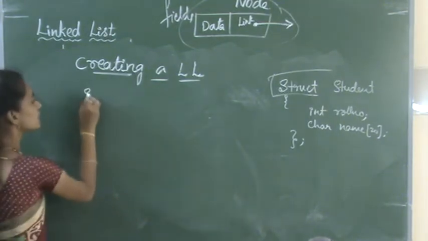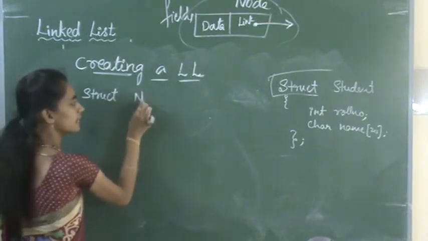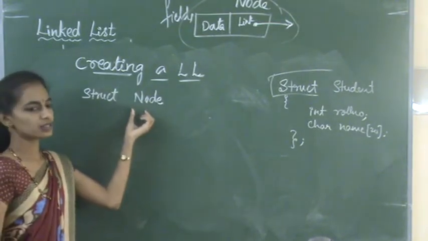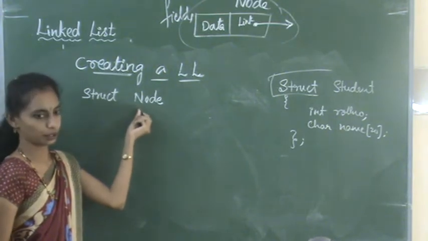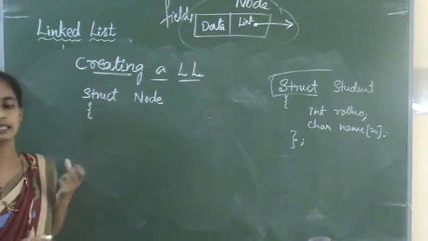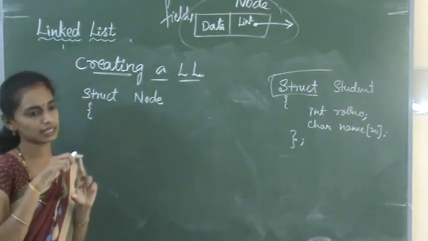And we are using pointers. Here also we are using the struct keyword, struct, and then the name of the structure. The name of the structure is user defined. You can give any name here. I gave node, struct node. In this we have two fields, right? One is the data field, another one is the link field.